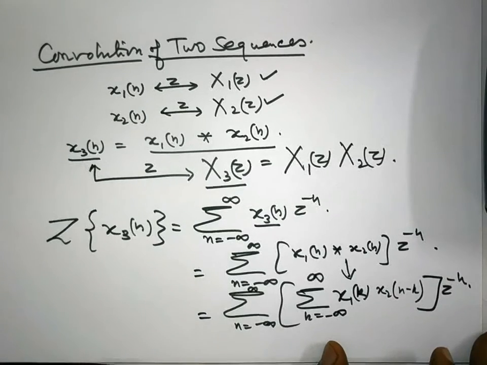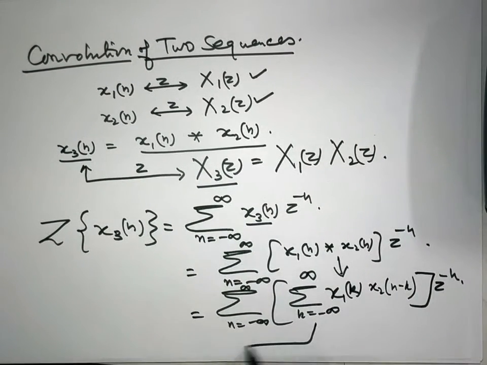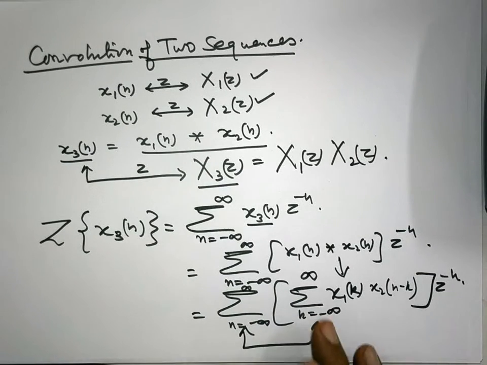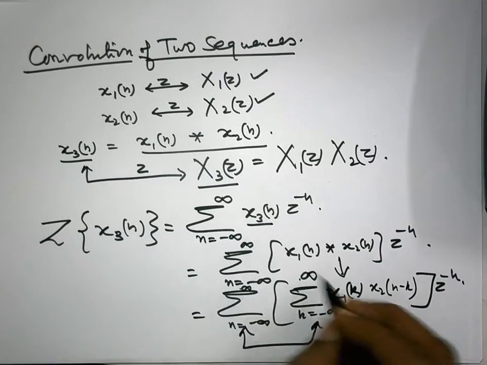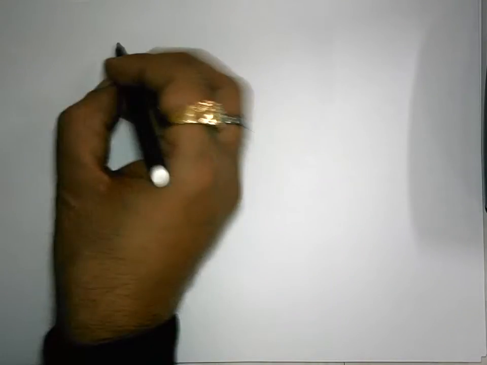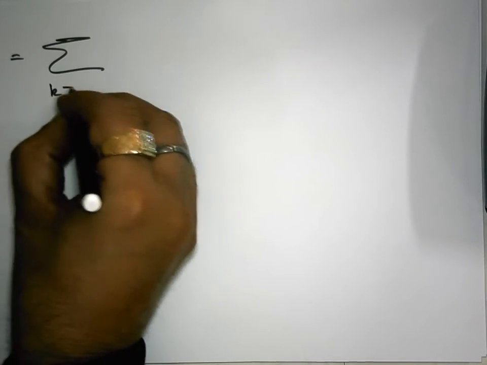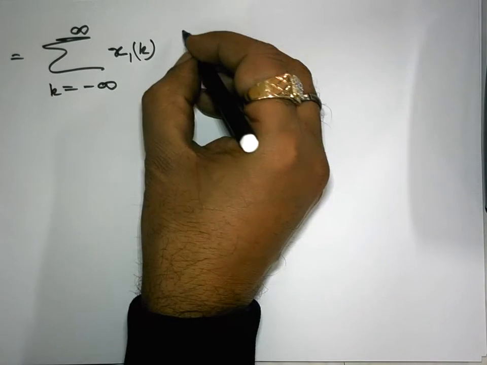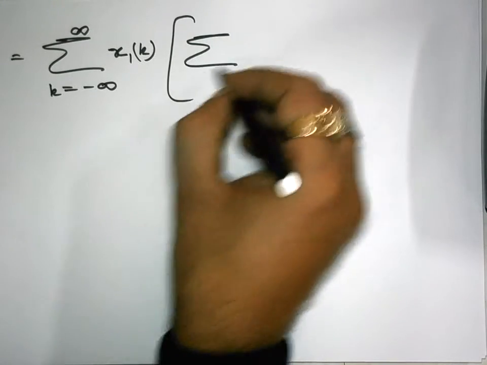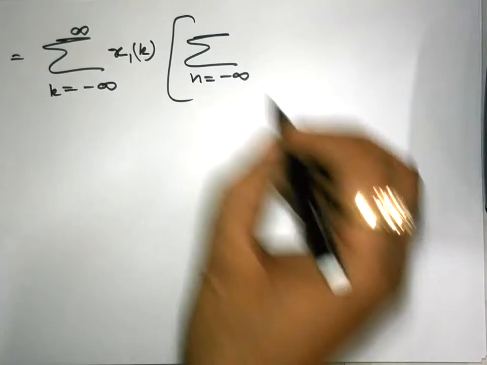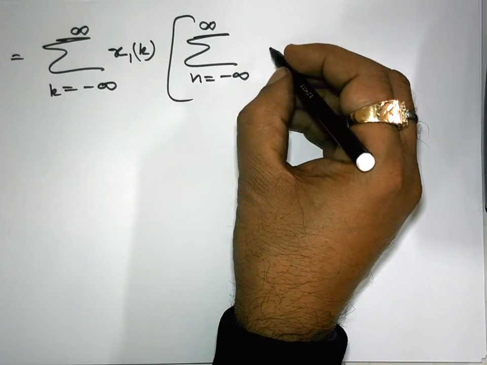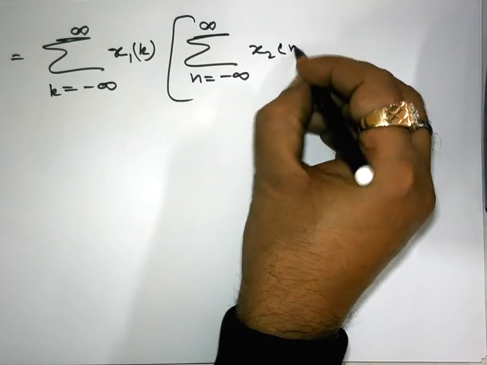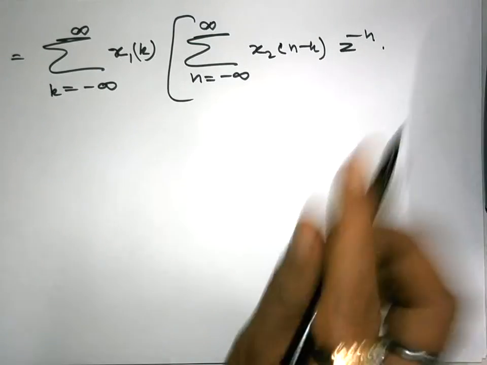Now suppose we interchange the order of summations in this relation: the summation inside goes outside, and the summation outside goes inside. So it will be equal to summation k equals minus infinity to infinity, x1[k] taken out, and now inside, summation n equals minus infinity to infinity of x2[n minus k] z to the power minus n.